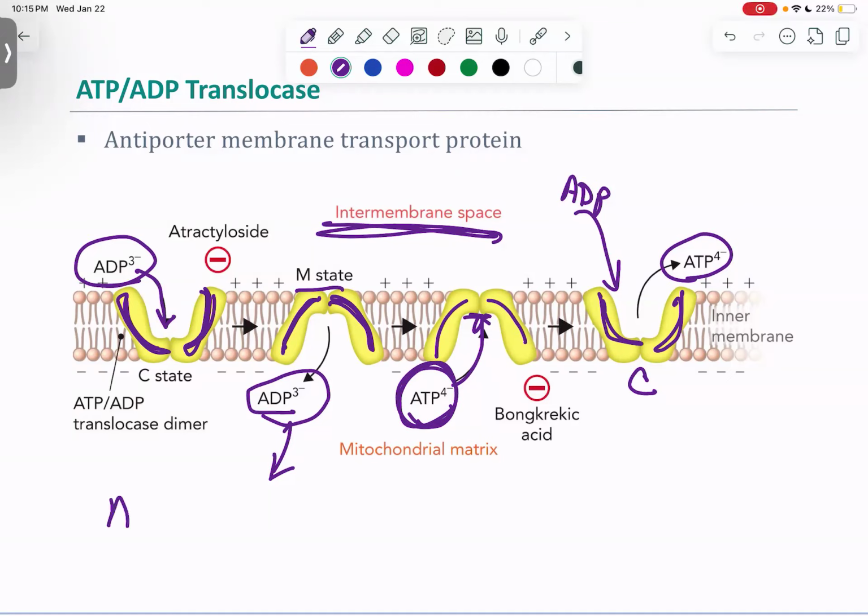Because we're doing an ATP -4 for an ADP that's -3. So we're exporting a net negative charge in the direction of the more positive intermembrane space. So it's a really kind of cool mechanism.